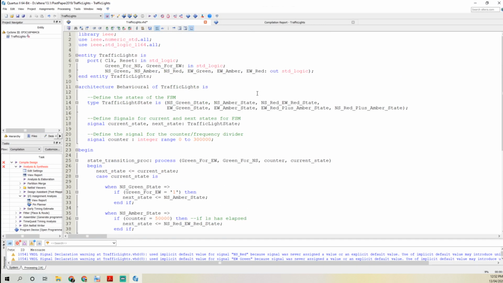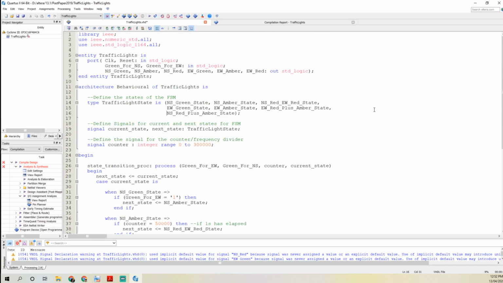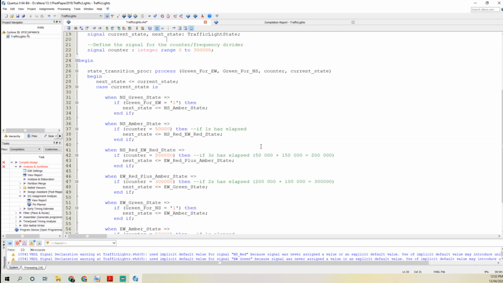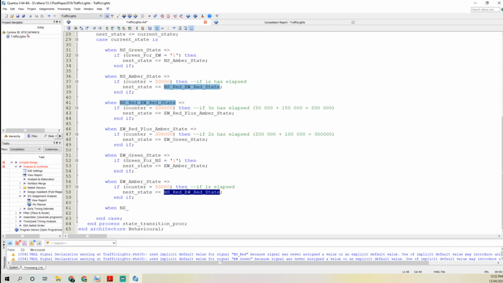What that means is that I'm now going to have to add an additional state here. I'm going to call this east-west red, north-south red state, which is what we're going to be dealing with here.